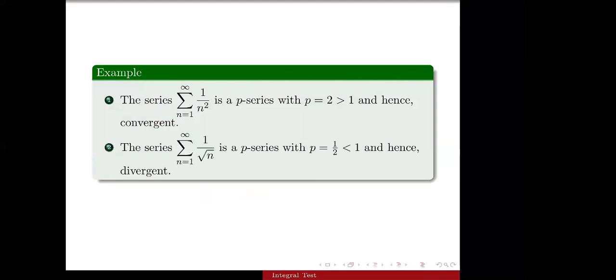The series sum of 1 over square root of n, from 1 up to plus infinity, is also a p series with p equals 1/2, which is less than 1, so the series is divergent. P equals 1/2 because 1 over square root of n is just 1 over n raised to 1/2.